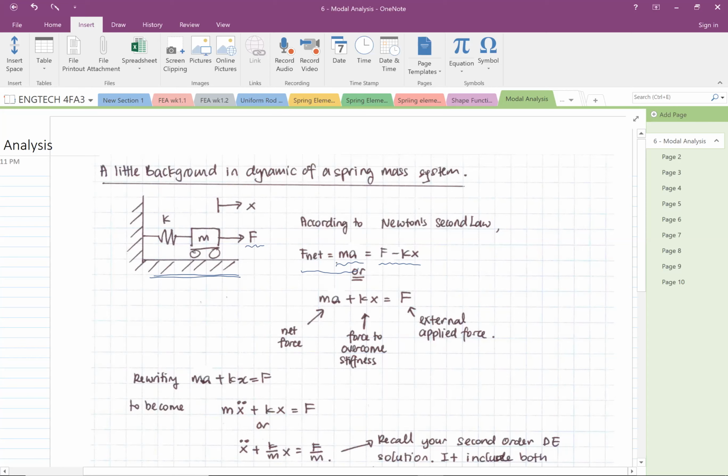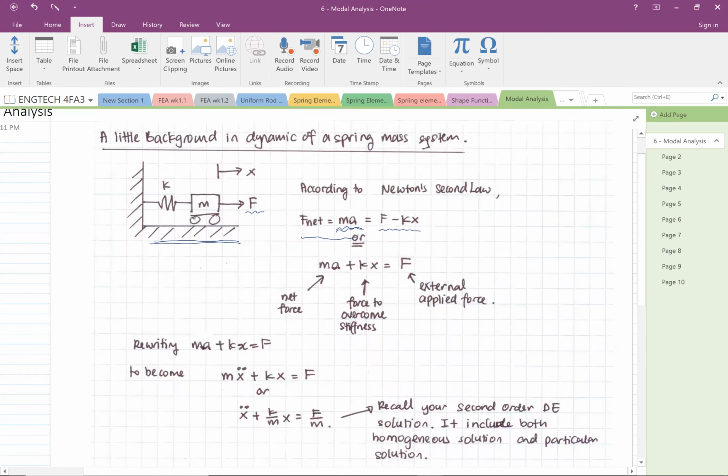But now we just add another term to it: mass times acceleration is equal to the system. So we manipulate that. The net force is mass times acceleration, and the energy stored in the spring can be defined by kx, and this is the external applied force.